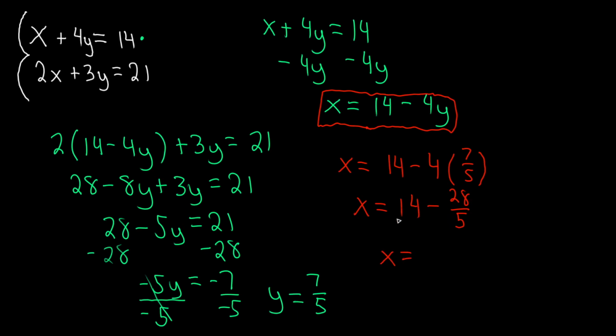And to get a 5 in the denominator of our 14, you could just multiply the top and bottom by 5. So this is essentially 14/1. If you multiply the top and the bottom by 5, you would find that 14 is equal to 70/5. And we're subtracting 28/5, which ends up being x equals 42/5.